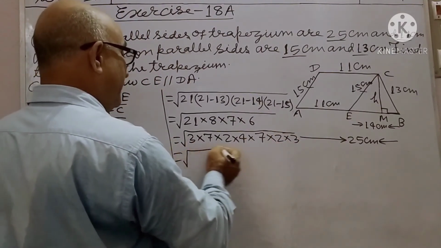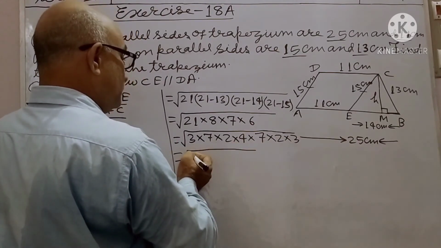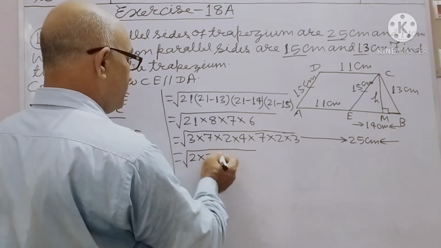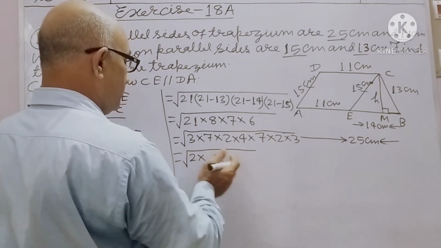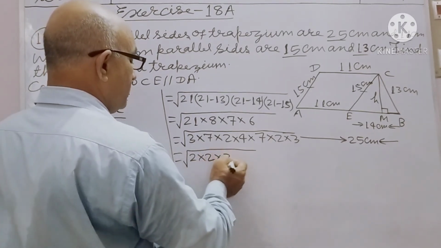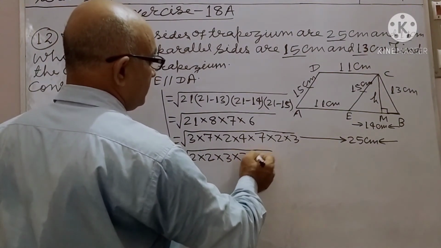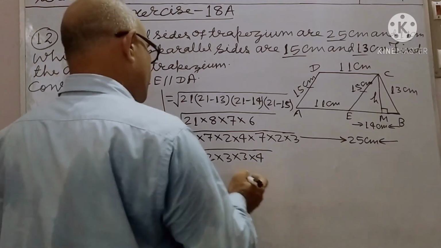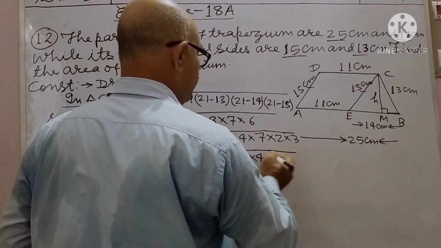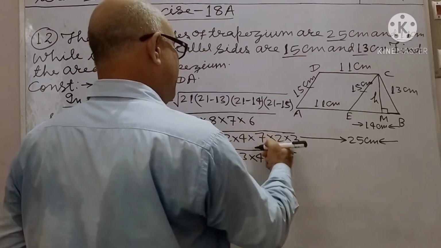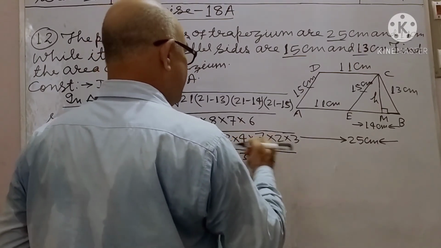So make a pair, 2 into 2 and 3 into 3, 4 is only single, 2 into 2, 3 into 3, 4 and 7 into 7.